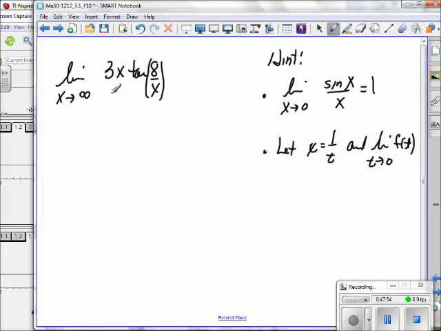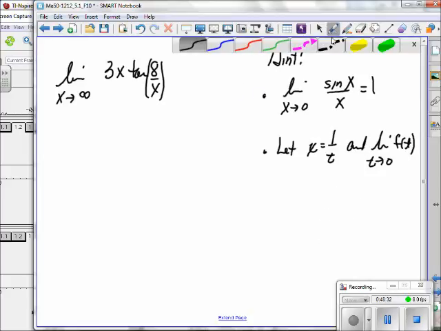Now, if you have x going to infinity, and you let x be 1 divided by t, then as t goes to 0, x would be going to infinity. Remember that little thing about groups of nothingness? You have infinitely many groups of nothingness, and so if t goes to 0, x is going to infinity. Okay, so those are the 2 hints.